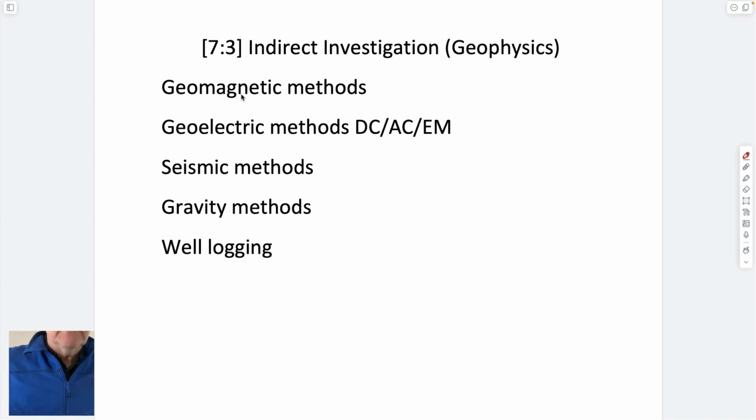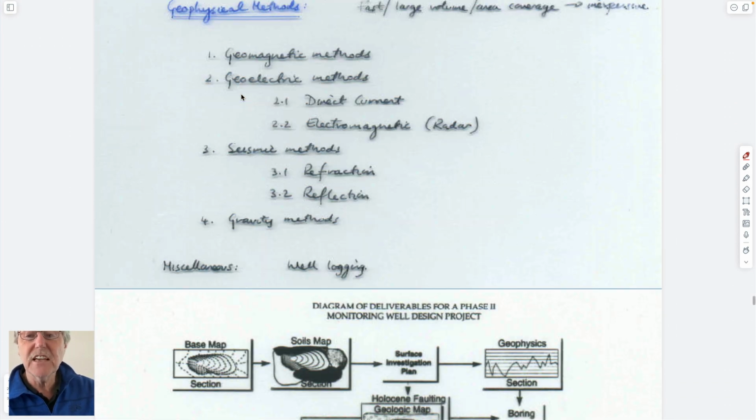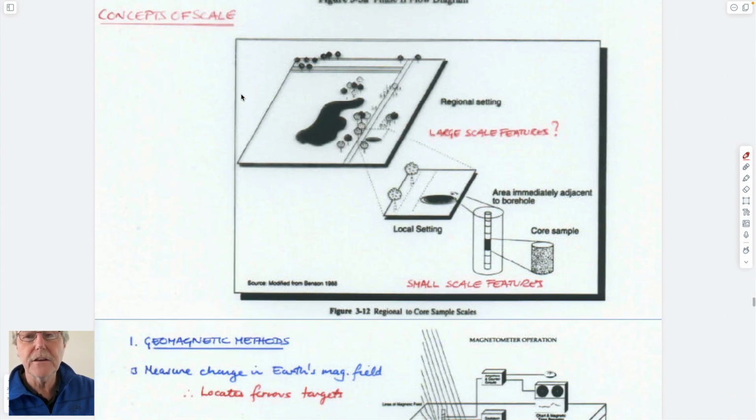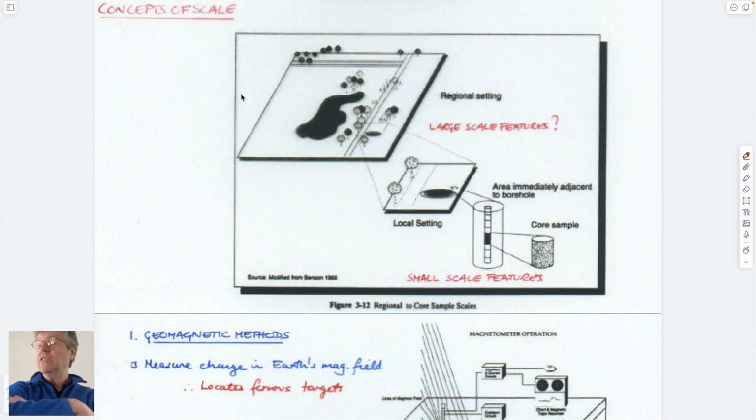So the observation for those methods of investigation, picked out in this little figure here, is that it's great that you have really detailed information along the line of a borehole, but that borehole might be a very, very small percentage of the site that you're trying to figure out. A piece of core may be the size of your fist.